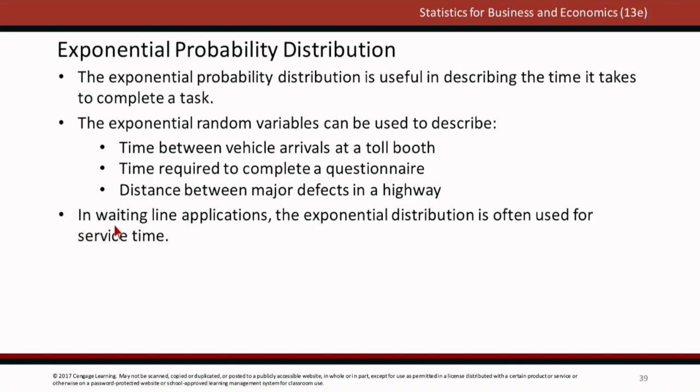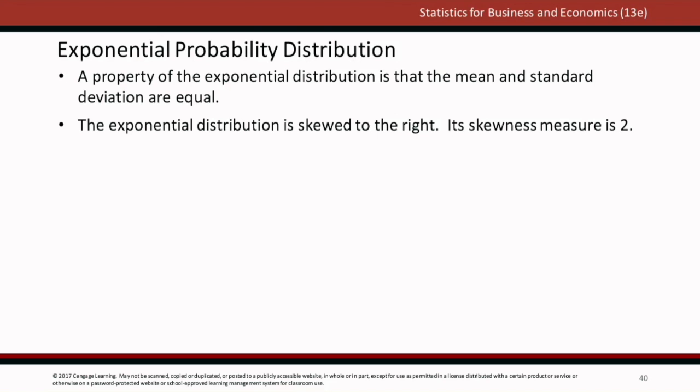Also, in waiting line applications, the exponential distribution is often used for service time. A property of the exponential distribution is that the mean and the standard deviation are equal. The exponential distribution is skewed to the right, and its skewness is 2.